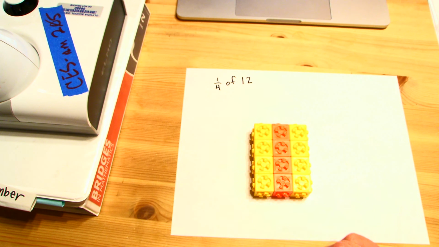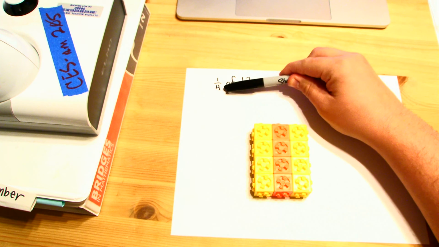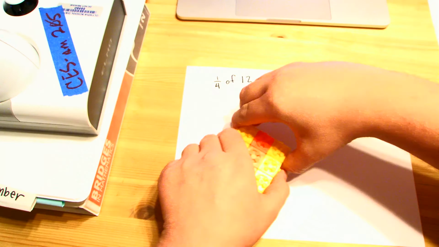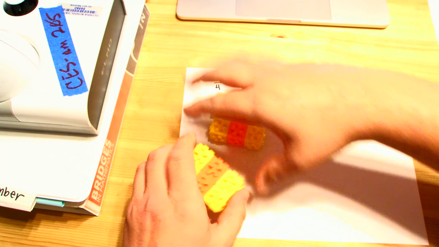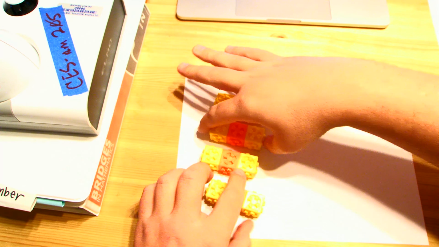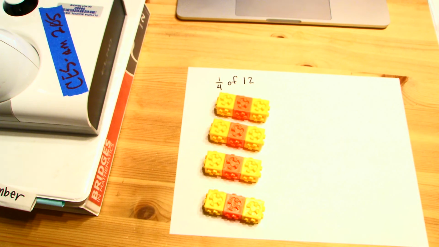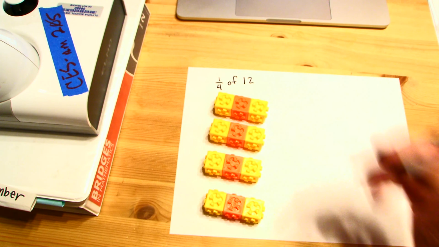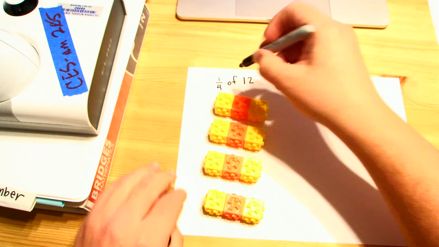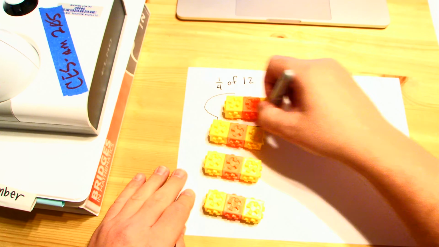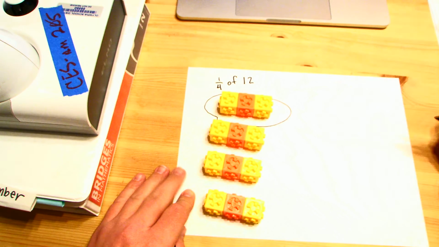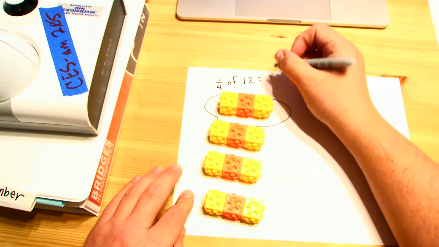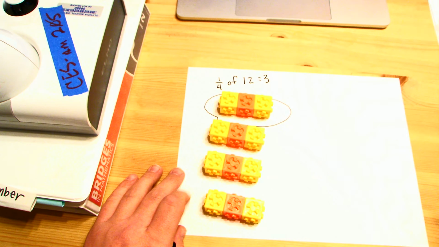So I'm looking at this, I'm trying to decide how can I break these 12 cubes into 4 equal groups, because that tells us how many parts we have. So I'm going to break it this way. And I notice that I now have 4 equal pieces, 4 equal chunks of cubes, and each chunk has 3. So with this one chunk, there are 3 whole cubes in there. So 1/4 of 12 equals 3.